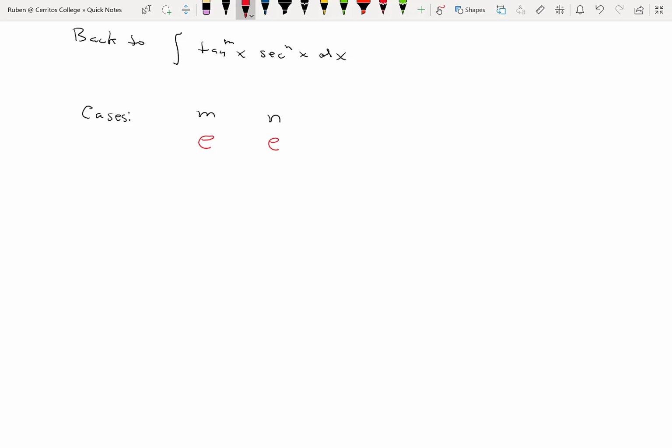I'm using E for even and O for odd. So we could have that n is even and m is even, or n is even and m is odd. This is case 1. Case 2 is m, as in Mary, is odd.